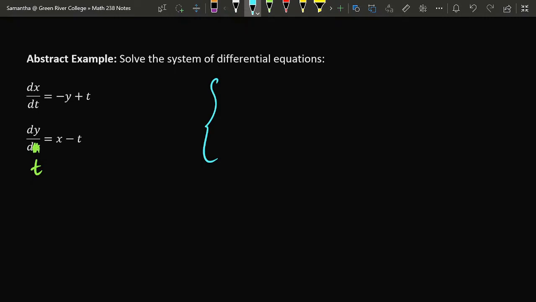Now, since the derivative of x is being taken with respect to t, and the derivative of y is being taken with respect to t, then t is the input variable of both x and y. So I'm going to pull all the y's and all the x's to the left side, and I'm going to leave t on the right side.